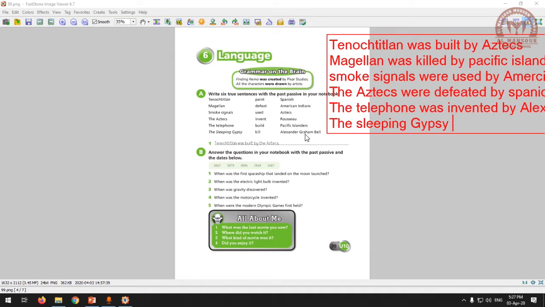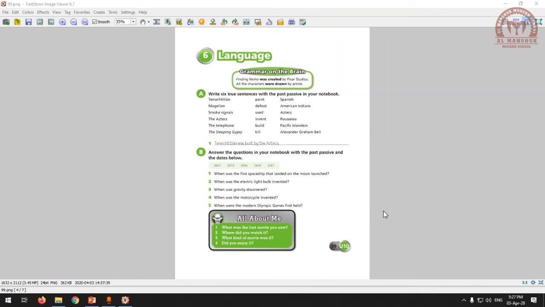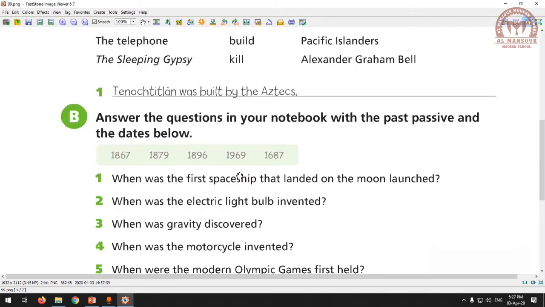The Sleeping Gypsy, the one that has like a lion and someone is sleeping in the desert, was painted by Rousseau. This one, okay? You can't see the word, so I'm gonna point it for you. Rousseau, this one, okay?